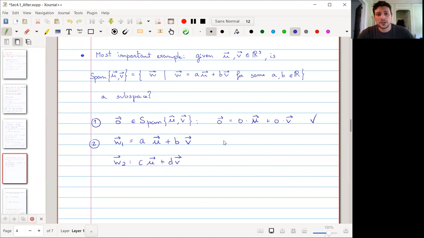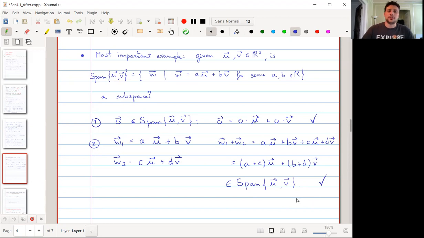Now, if I look at the sum, W1 plus W2, this becomes A U plus B V plus C U plus D V. But if I factor out the vectors U and V, I get (A plus C) U plus (B plus D) V. And this is very much a linear combination of U and V. So this does belong to the span of U, V. The second condition is satisfied.